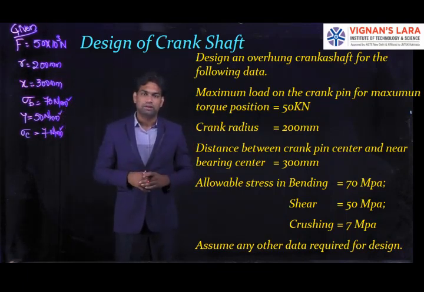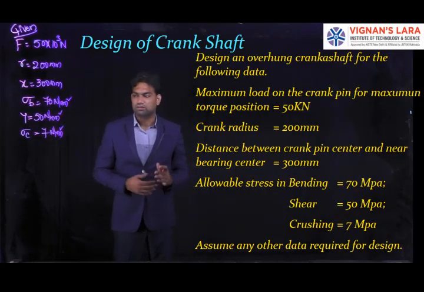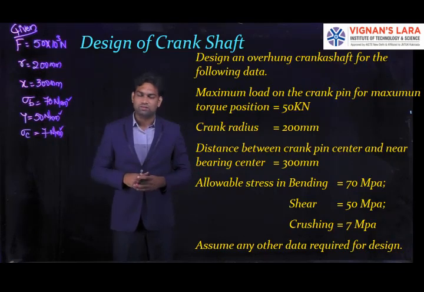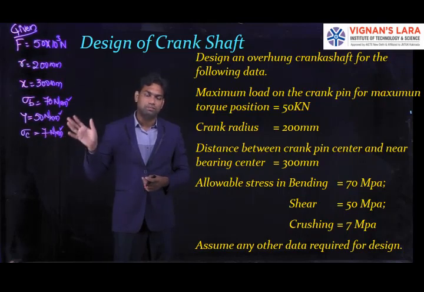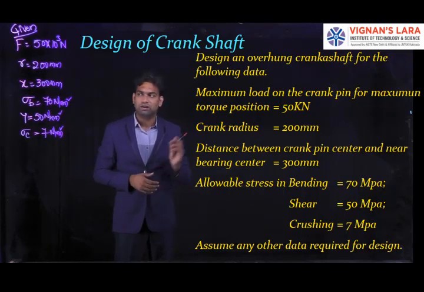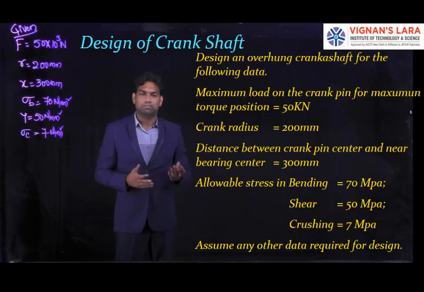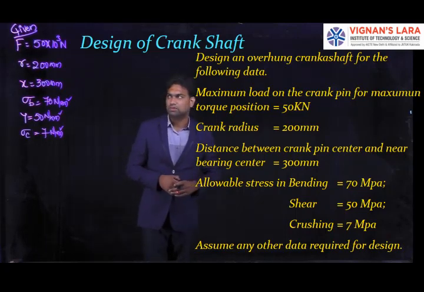We check the induced stresses against the given allowable stresses; only then is the design safe. The induced stresses should always be less than the permissible value for the design to be safe. If it is not safe, we can change the values. Depending on which stress is critical, we increase the corresponding proportionate size so that the design is safe when checked against the allowable stresses. Clear?